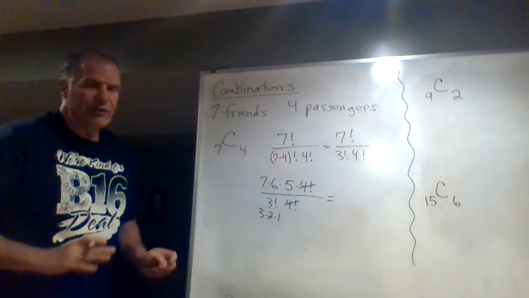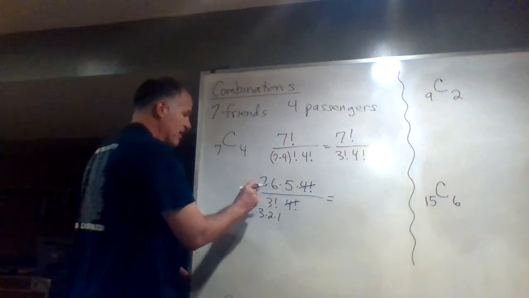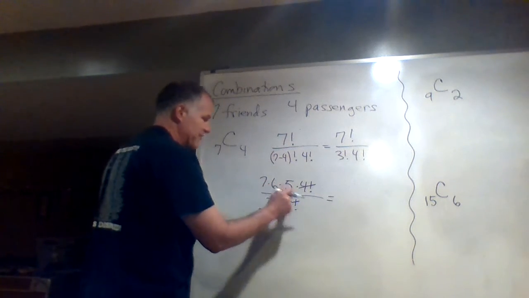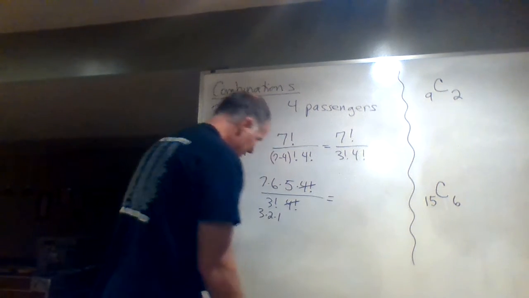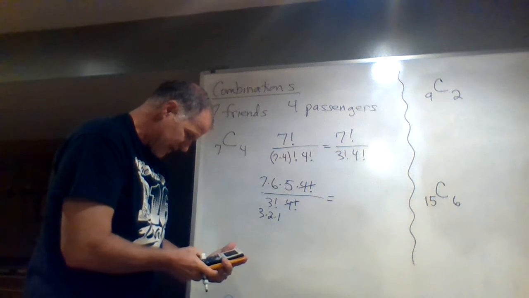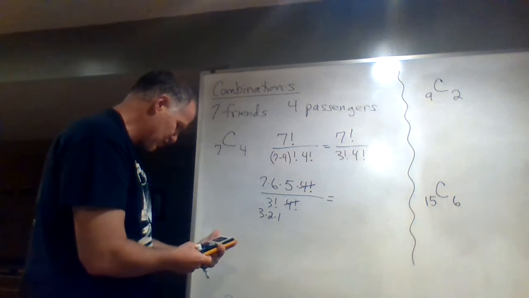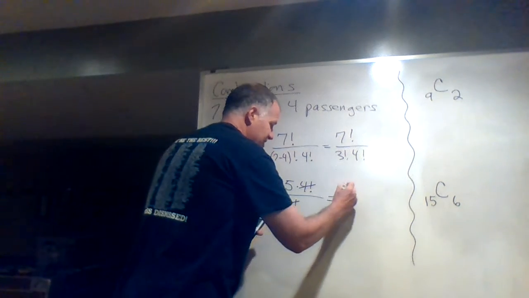So this is a little different than the last one where we just crossed stuff off and we're kind of done. So now we're actually going to multiply 7 times 6 times 5. Okay? So calculator on, 7 times 6 times 5 in the numerator. So 210.